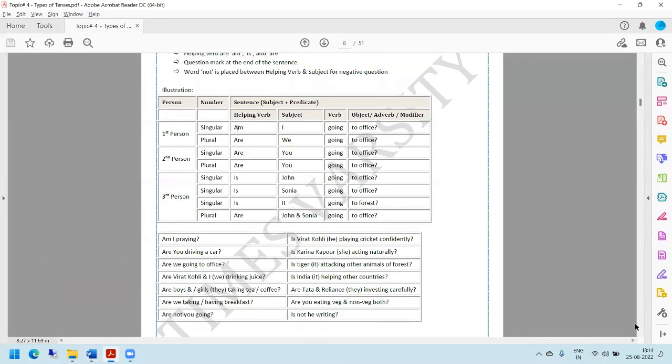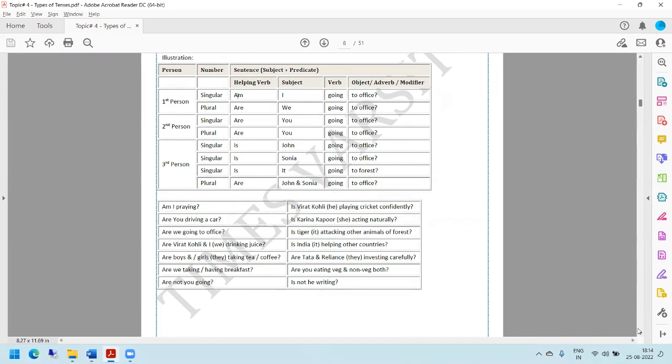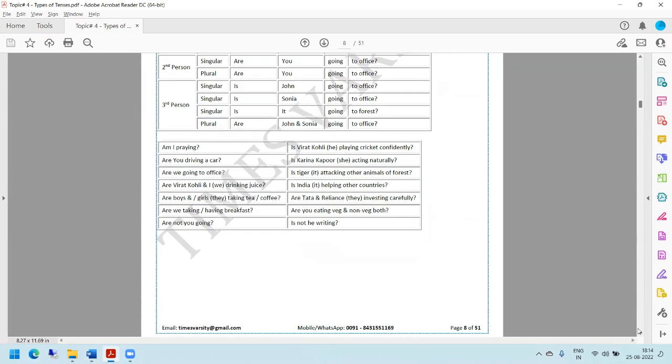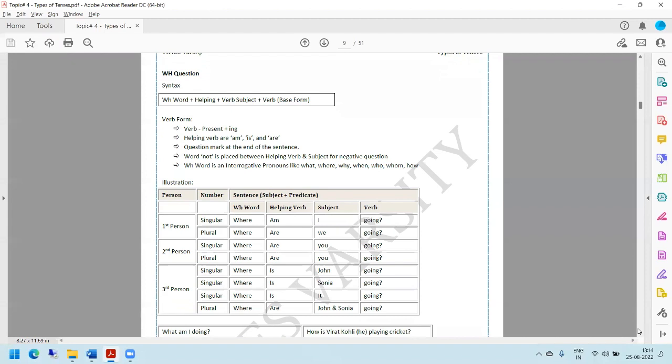What is the difference between a simple question and a WH question? In a WH question, we have a WH word like why, what, where, when. They are called interrogative pronouns.